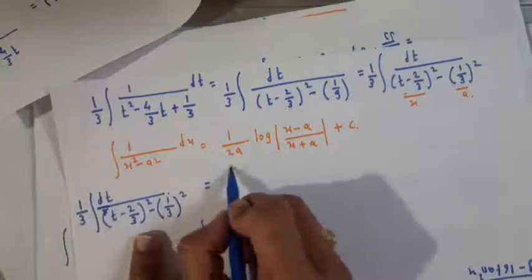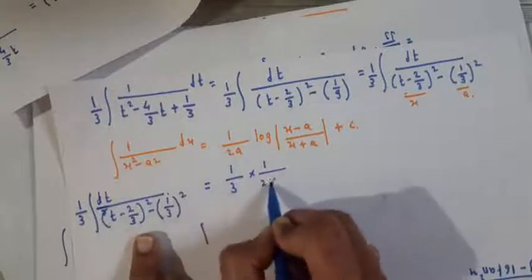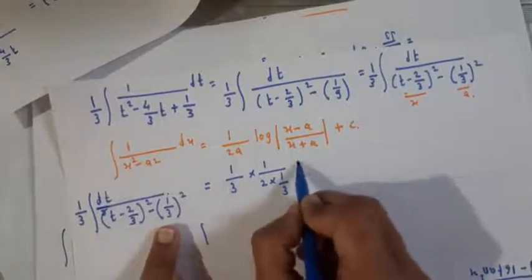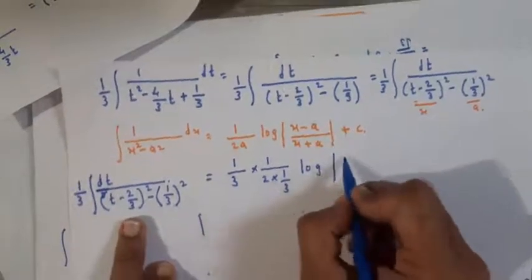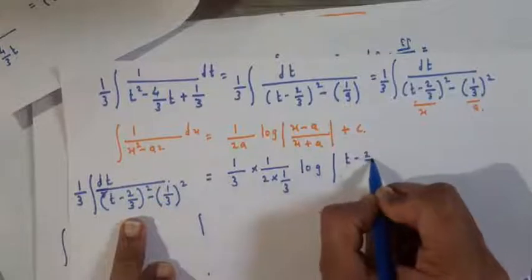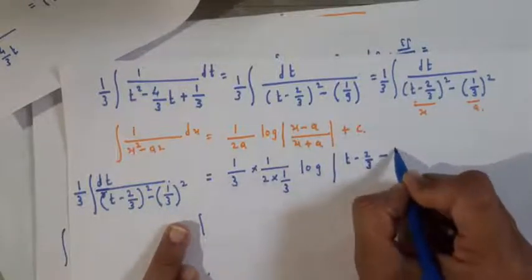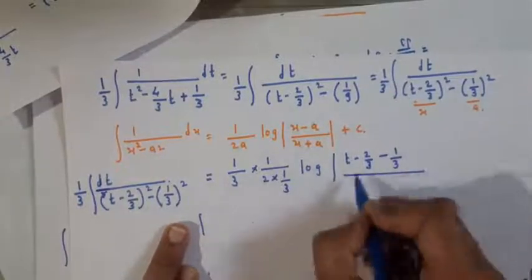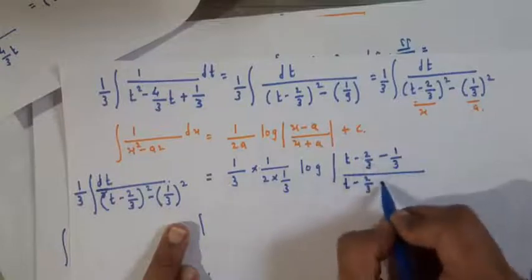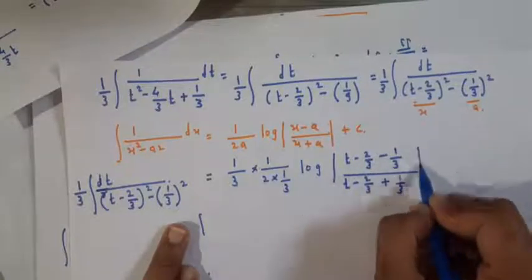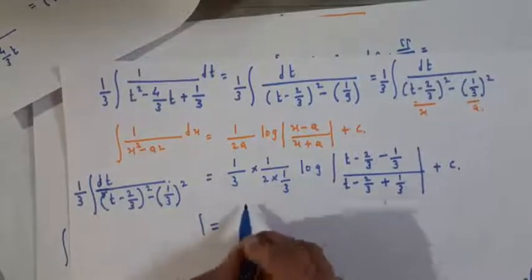And this is 1/3 into 1 upon 2a, that is 1 upon 2 into 1/3, log of the value of x, that is t − 2/3 minus a, which is minus 1/3, upon x plus 1/3, plus constant of integration c, and these 3 get cancelled.